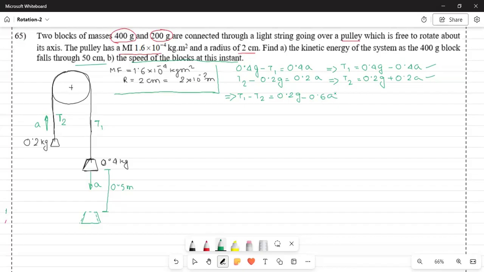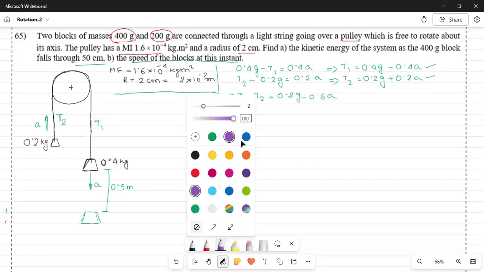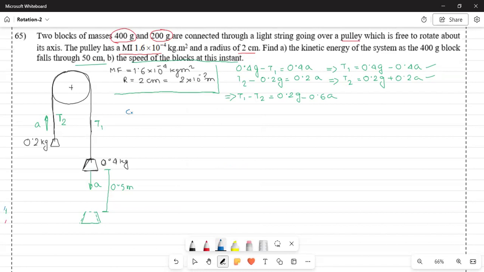Now, the net torque. If you consider the free body diagram of the pulley, then T1 is creating a clockwise rotation and T2 will try to create an anti-clockwise rotation.